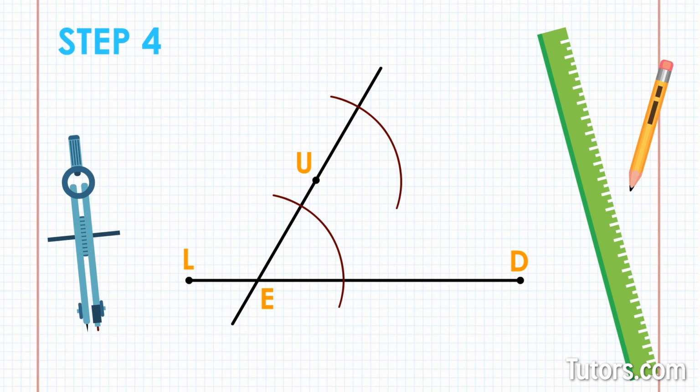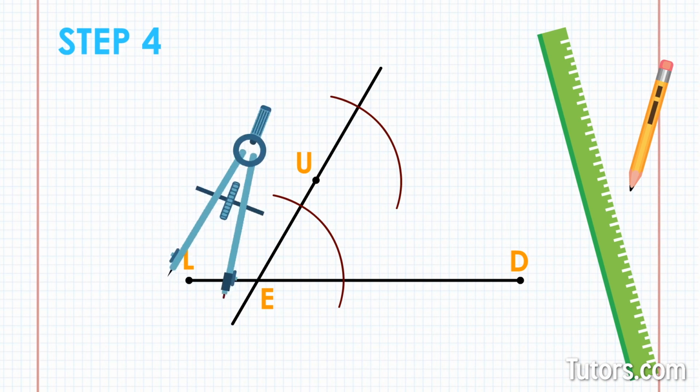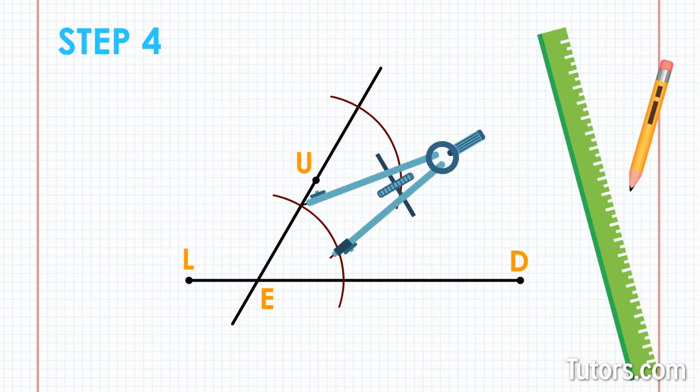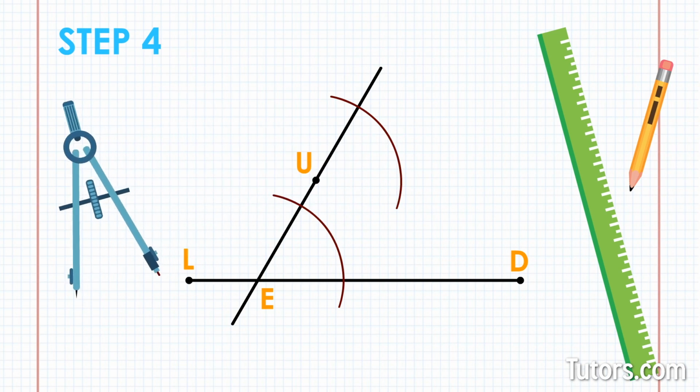Step 4. Lift the compass and do not worry about the distance between the legs. You will put the compass's sharp point on the intersection of the first arc you drew and the transverse. Open or close the compass legs to match the distance from that intersection to the arc's other intersection, where it crosses the horizontal line, LD in our example. Lift the compass, being careful to keep the legs the same distance apart.